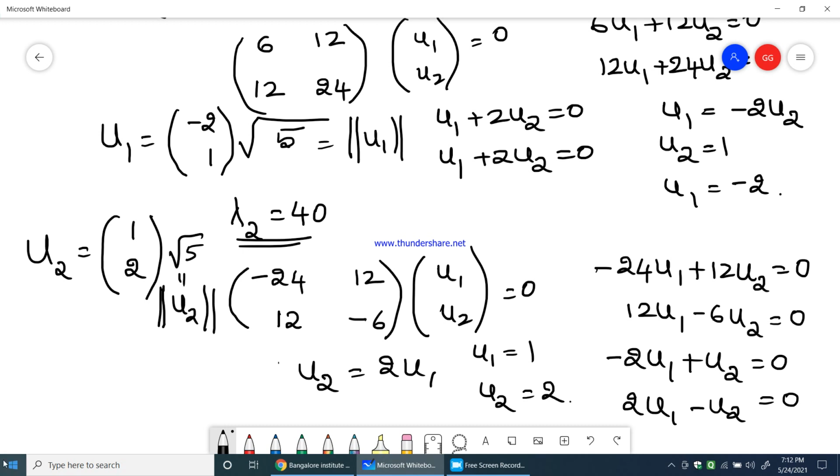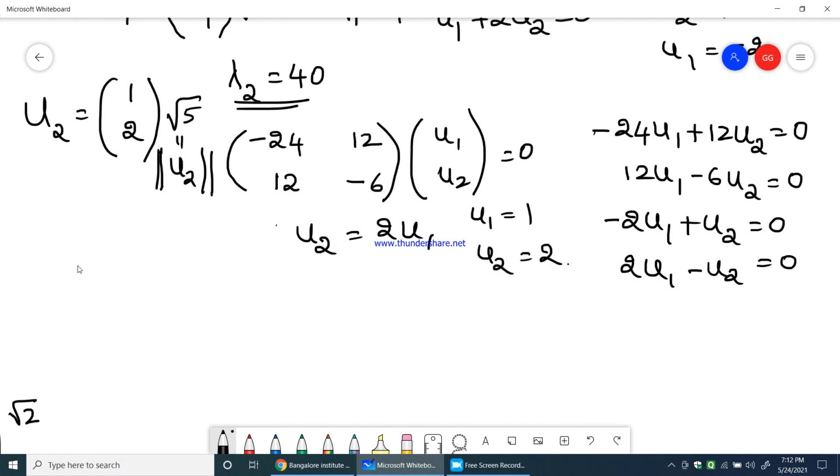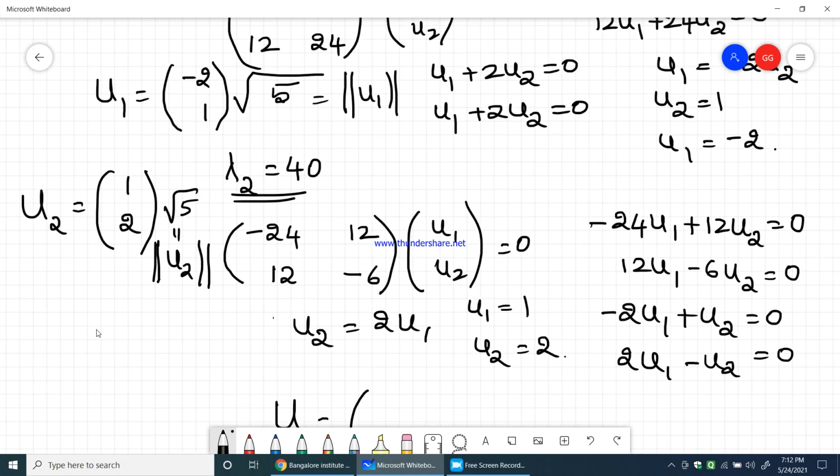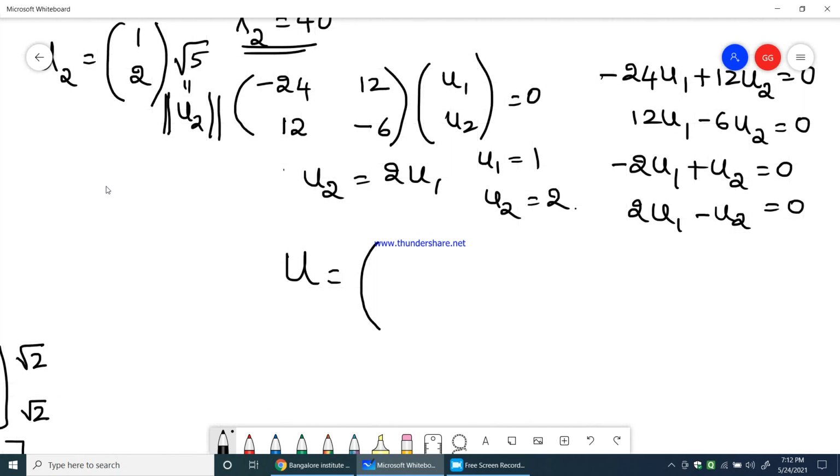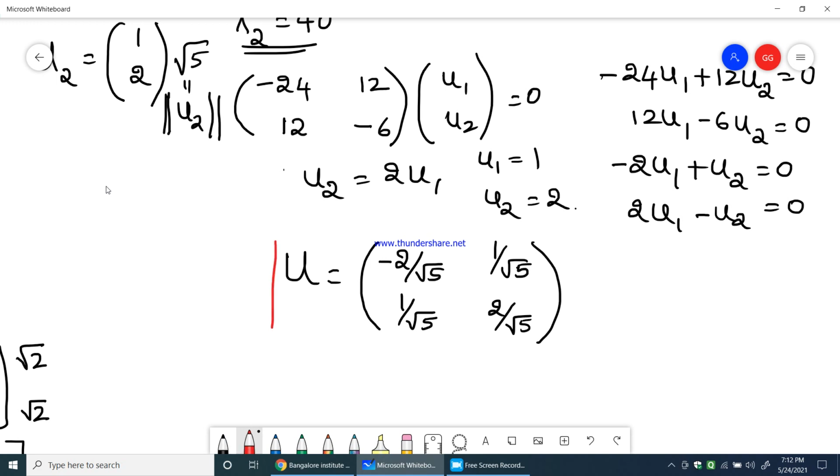Therefore, finally, the matrix U equals: the first vector is minus 2 by root 5, 1 by root 5, and the second vector is 1 by root 5, 2 by root 5. So this is the matrix U.